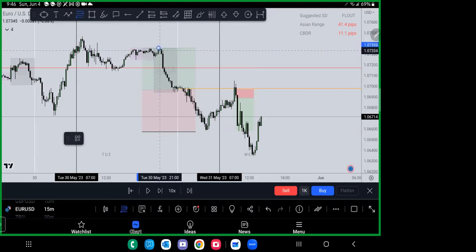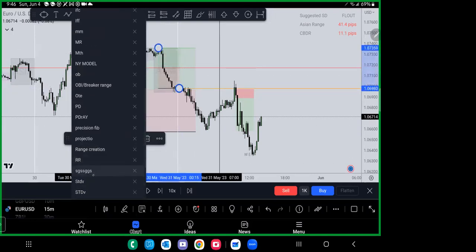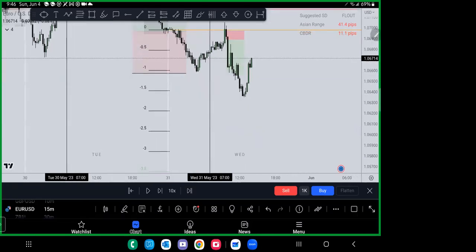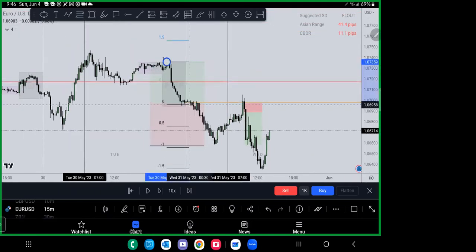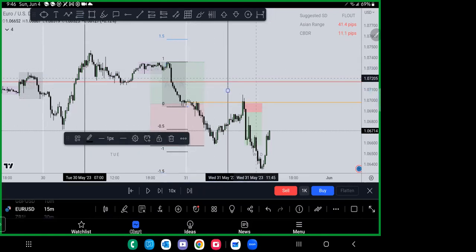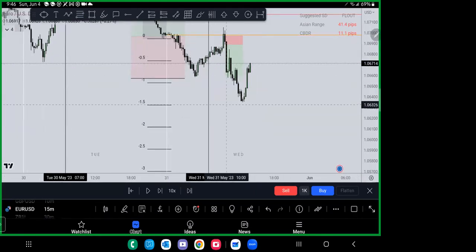So let's take the bodies. This 2 standard deviation. 3-1 comes in here. Let's take the full range. 1.5 standard deviations.